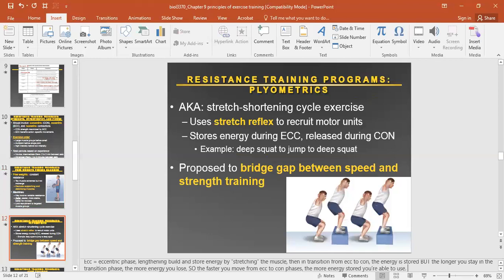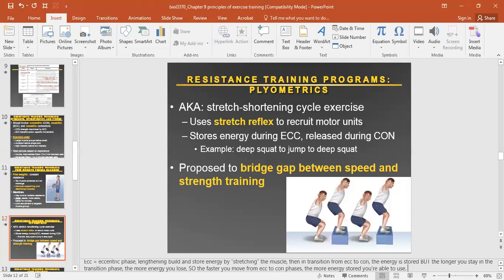The concentric, remember, is just the shortening phase. So the energy that's stored during the eccentric phase is released during the concentric phase. The transition between the two, basically where you stop and move from eccentric to concentric contraction, is when energy is stored. So if you stay there longer, you'll lose some of that energy.